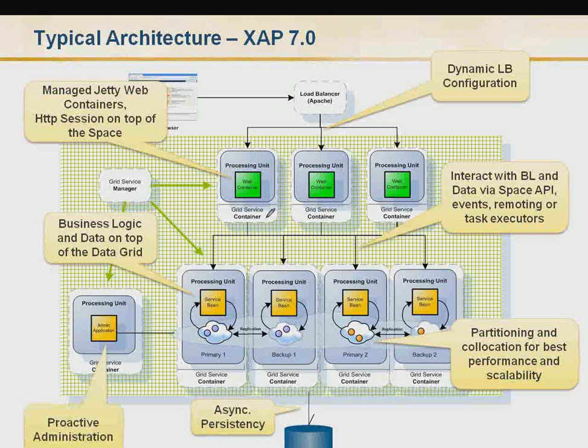The last bit in this picture is something that's new to 7.0 and is based on the administration monitoring API, which Shai is going to talk about in this webinar. Basically here you can implement your monitoring and proactive administration code using the GigaSpaces management API.